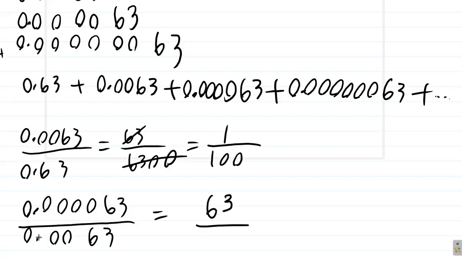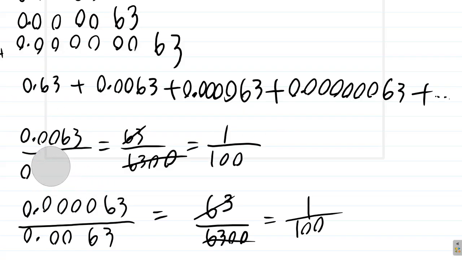Let's do the same thing here. We're going to have 63 and 2 zeros after. Okay, 63 cancels itself to get 1. 63 divided into 6300 goes 100. We get the same thing. So it is a geometric progression.